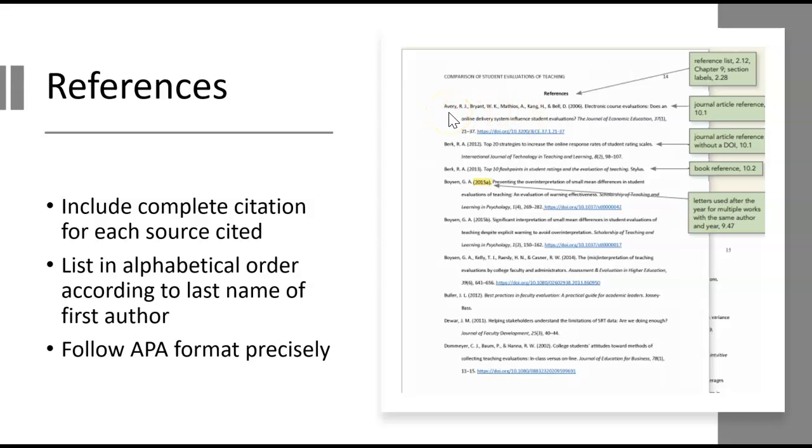We give great respect to the first author, and the order of those names is significant. We use what's called a hanging indent. If you haven't learned in Microsoft Word how to do a hanging indent, you should figure it out, because it will save you loads of time in the future.